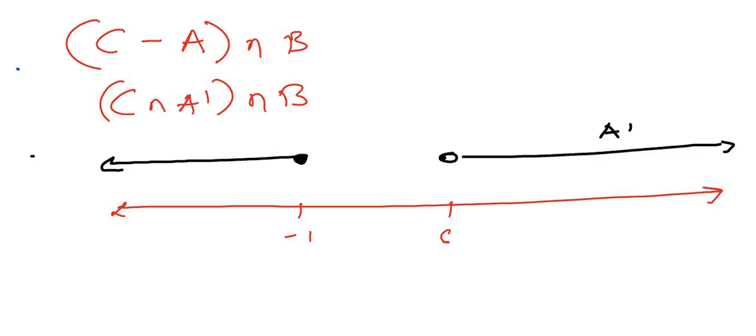Then we come to C. I'll use blue. C is from 4, greater than or equal to 4, up to positive infinity. It's closed, going like this.